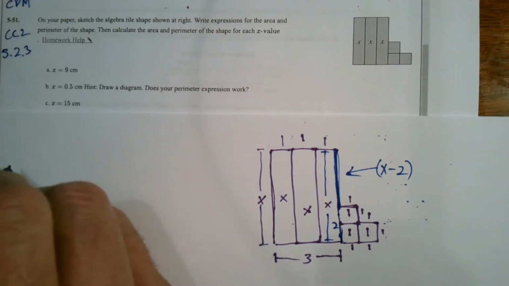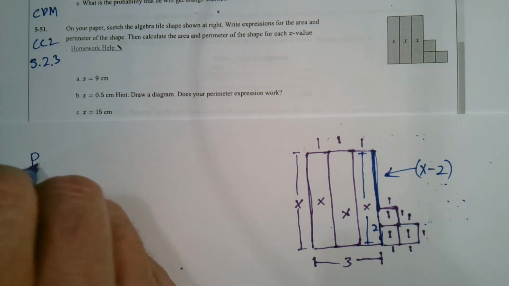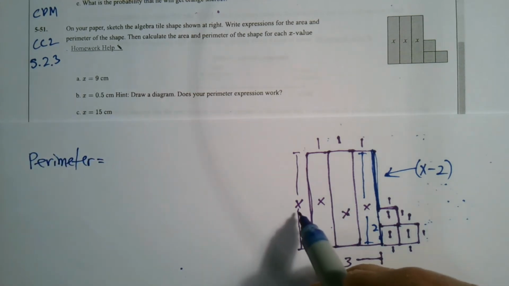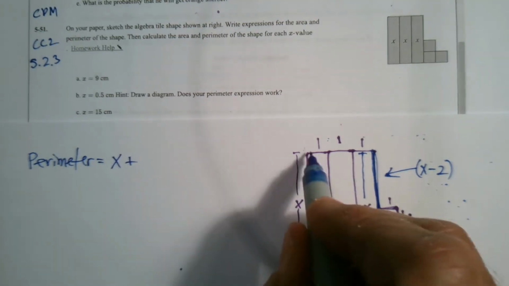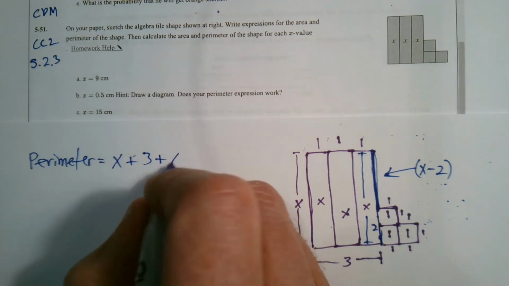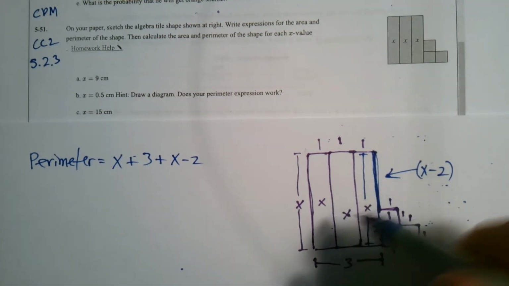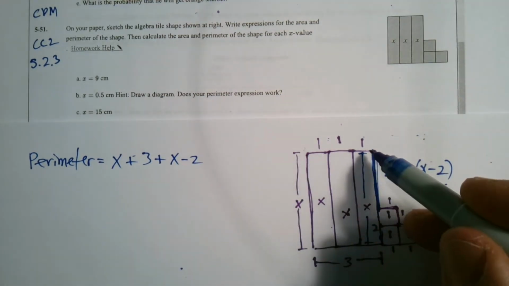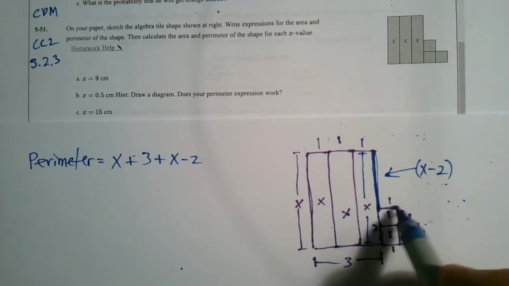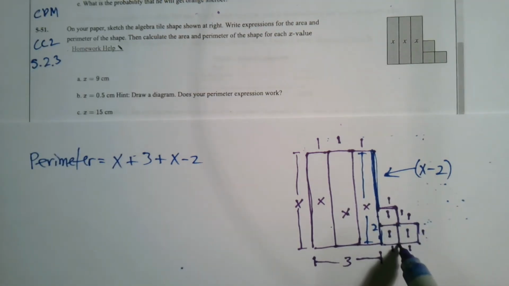So let's go ahead and get our expressions. Our perimeter is x plus 3 plus x minus 2, in this direction. So I went x plus 3 plus x minus 2, plus what we can do. We can go 1, 2, 3, 4, 5, 6, and then another 3 makes 9.